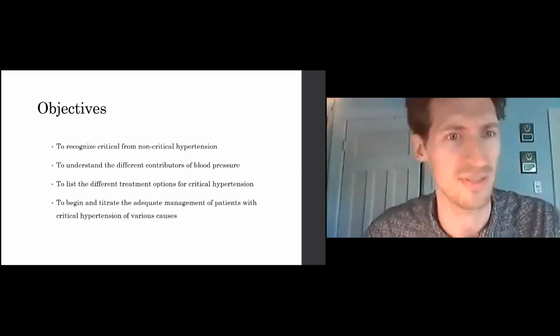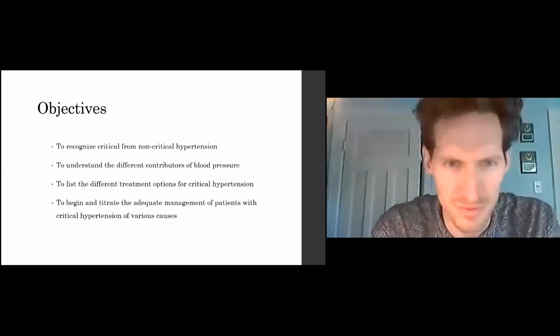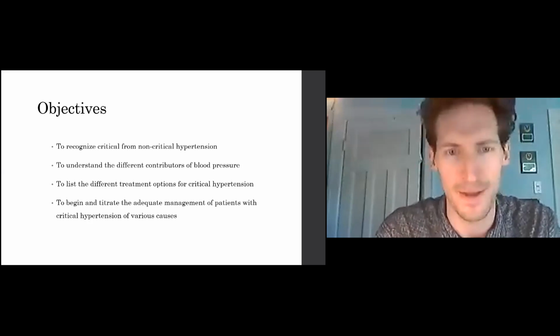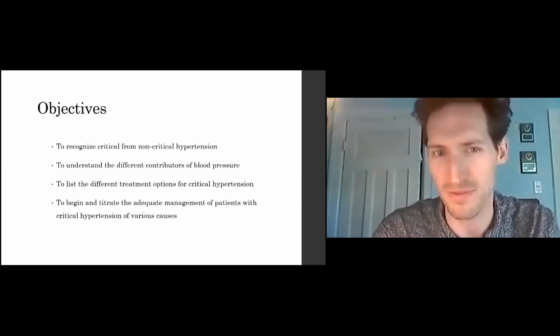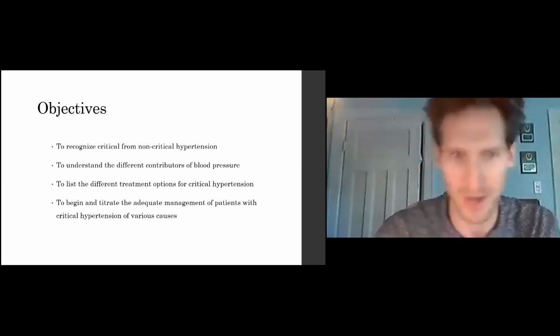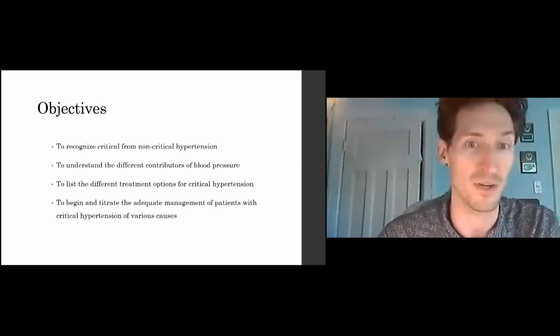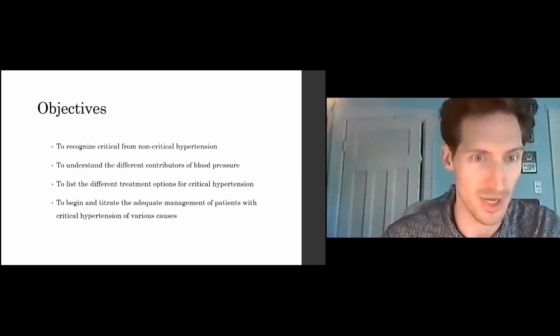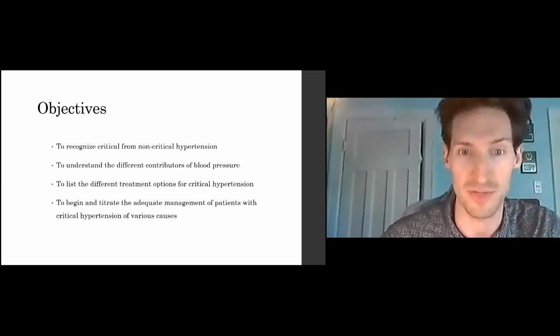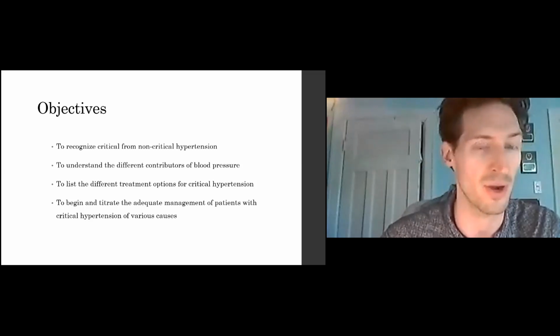The objectives are basically to recognize critical from non-critical hypertension. I'm using terminology that's maybe a little bit different from the textbooks, and I'll explain why. Understand the different contributors of blood pressure, list the different treatment options, and begin and titrate adequate management for patients with critical hypertension and various causes.